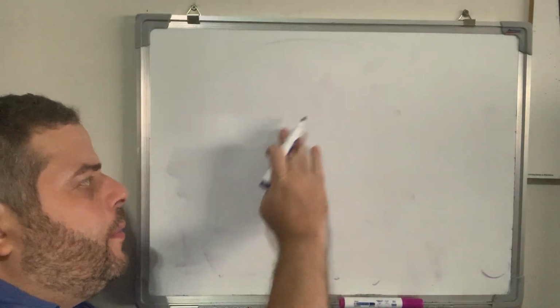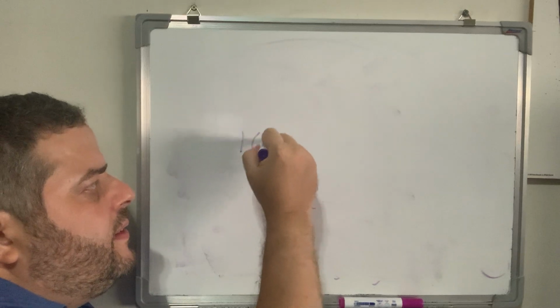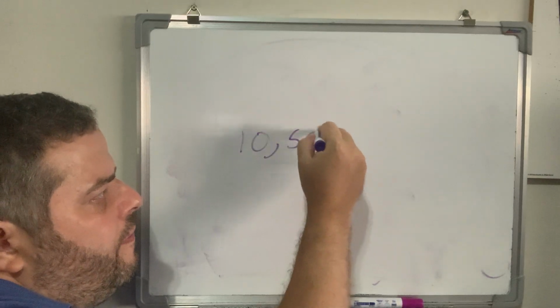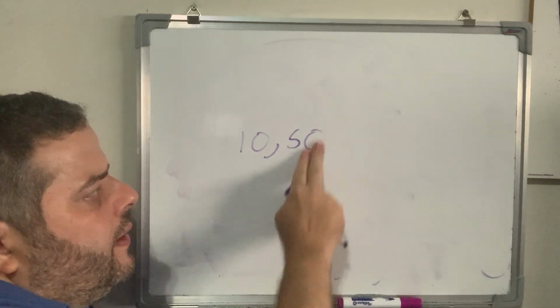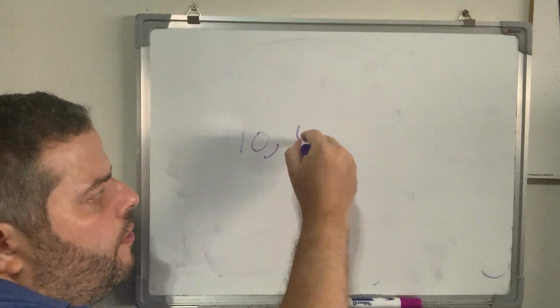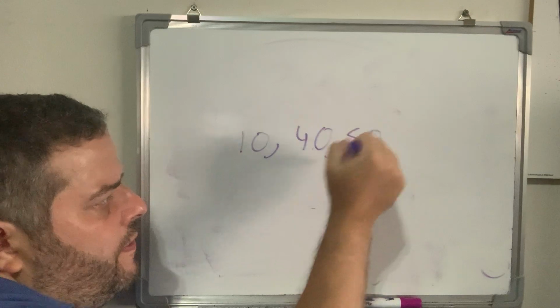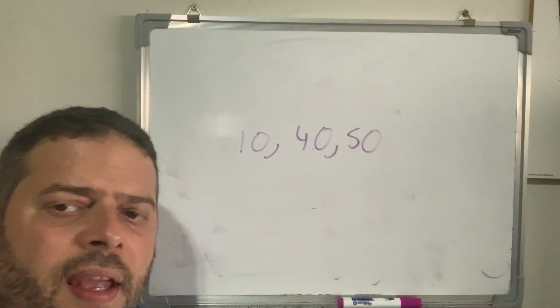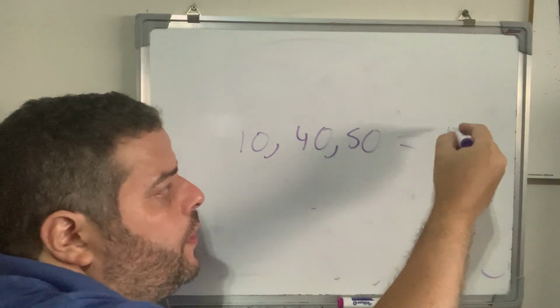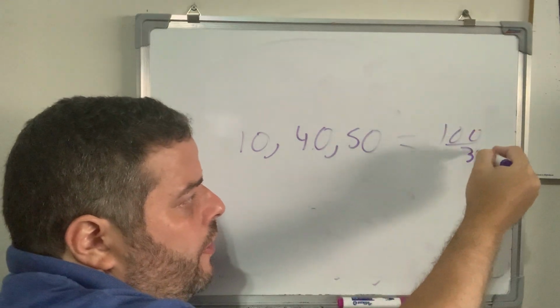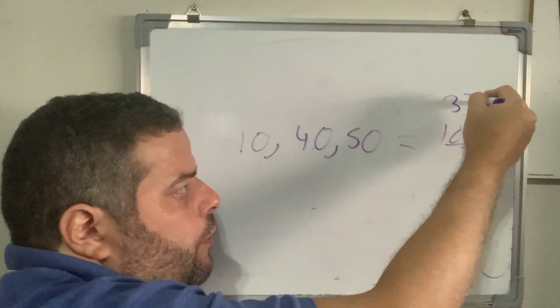Let's say, for example, I have 10, 40, and 50. I have those 3 values. If I were to average them out, this would be 100 divided by 3. It would be more or less 33.